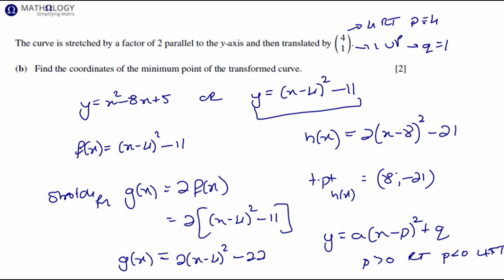So when we shift 4 units to the right, this x minus 4, when we are shifting to the right, we are subtracting, so that'll be x minus 8. So that's where that x minus 8 comes from, and the shift of q is positive 1. So this value over here, q equals minus 2 for g of x, we add 1 to that to get the value of q for h of x.